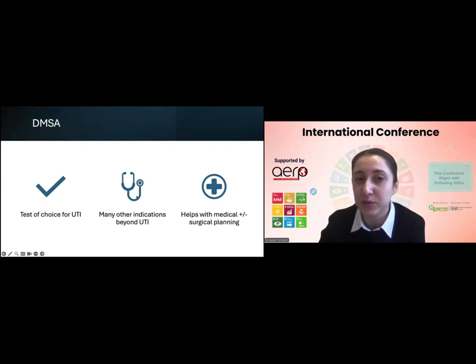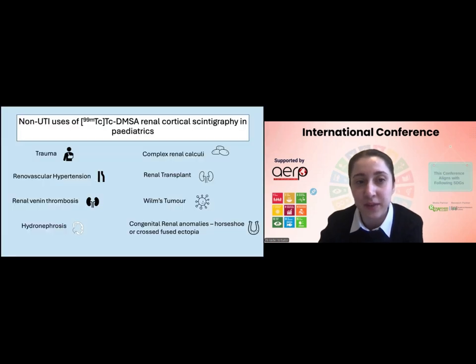So it's quite a useful addition into investigations, along with more simple investigations such as an ultrasound scan or more advanced ones later on, such as MRI or a CT scan. So some of these indications are trauma, renal vascular hypertension, renal vein thrombosis.